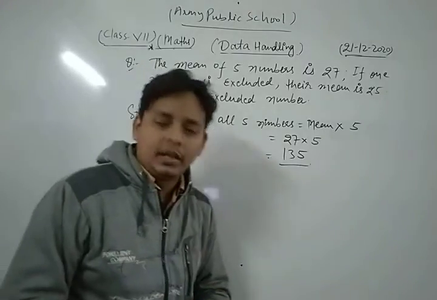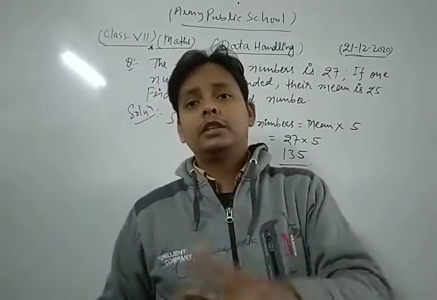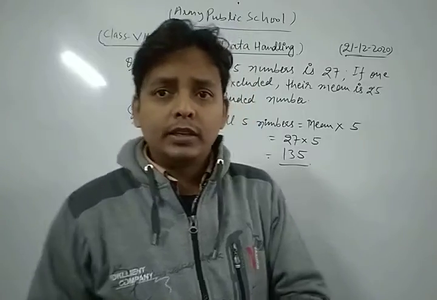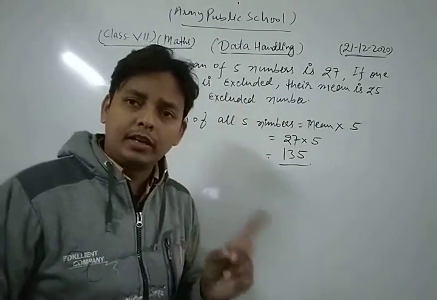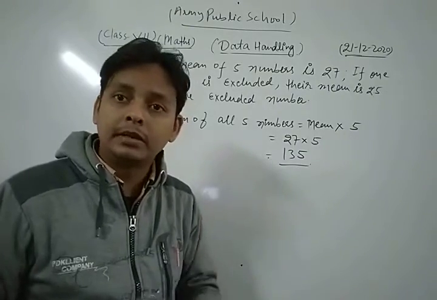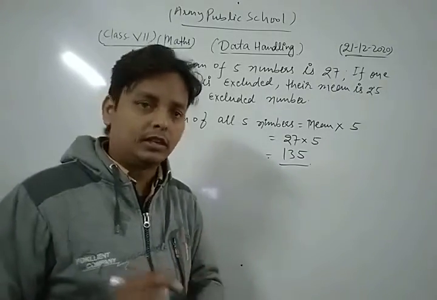Now according to the question, the total number of observations is 5. If one number is excluded, then the remaining numbers will be 4.